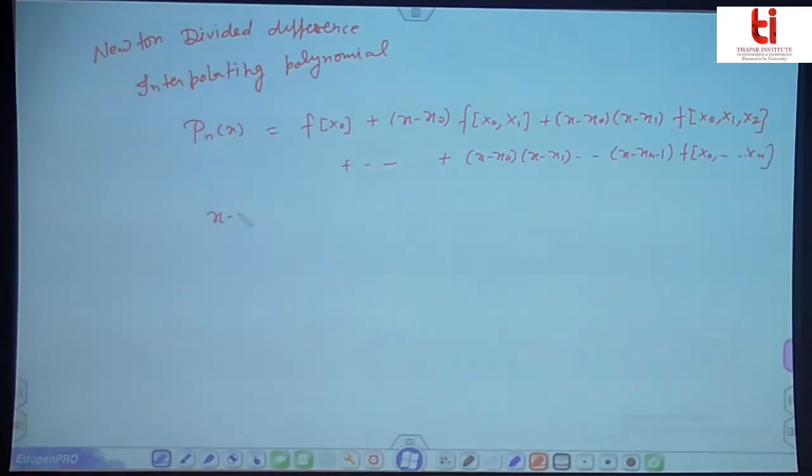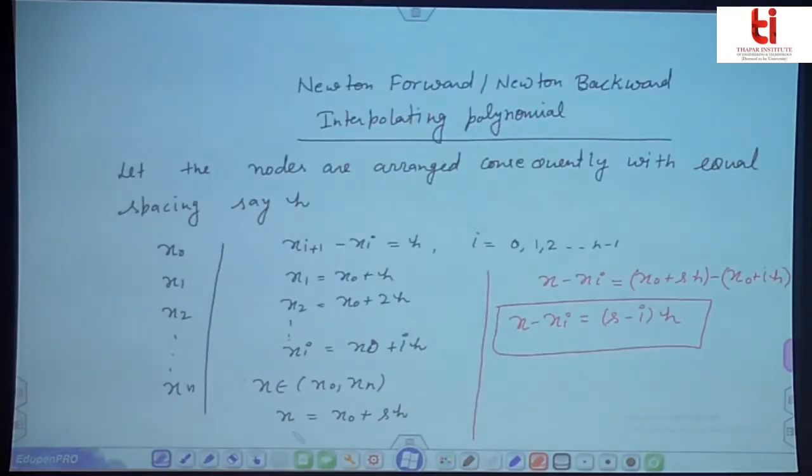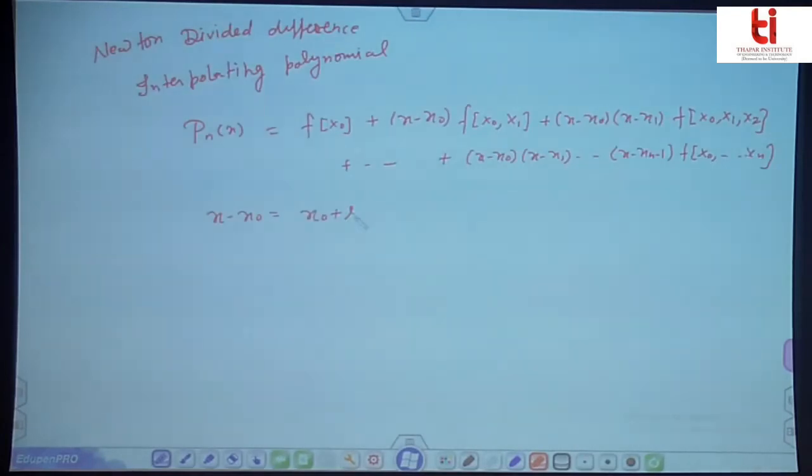Now x minus x0 is what? The value of x is x0 plus sh, so minus x0 it comes out to be sh. x minus x1 is x0 plus sh minus (x0 plus h), which is (s minus 1) into h. Similarly, we can compute x minus xi as (s minus i) into h. Now put these values in the polynomial.